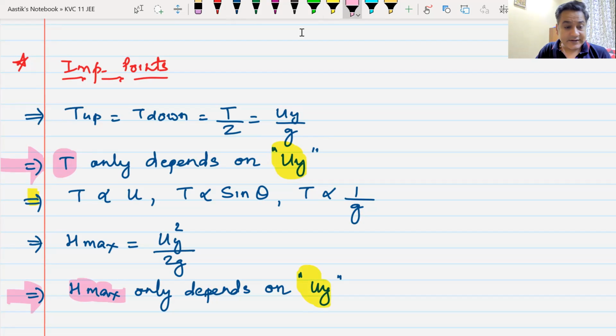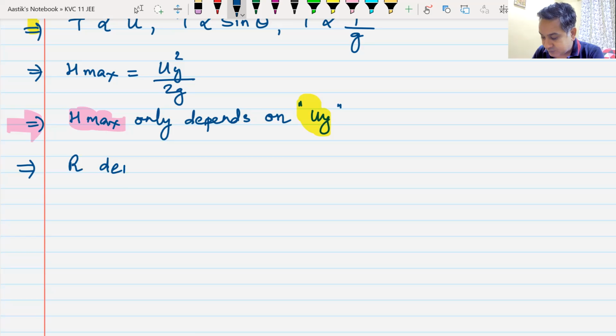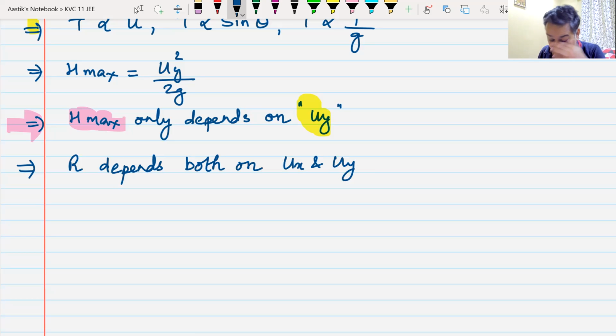Okay, that takes us to the next point. When we talk about the horizontal range, range depends both on ux and uy.